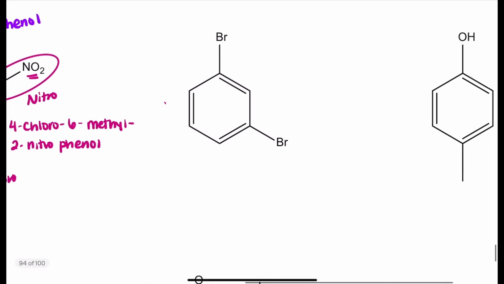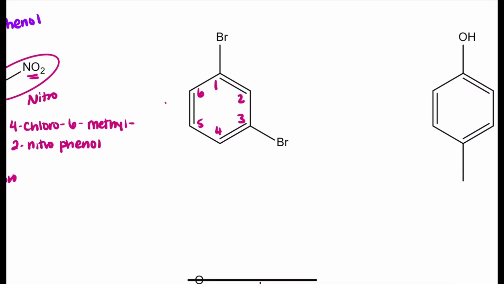Okay, I've got this compound here. I can see I've got 2 bromines attached to a benzene ring. They are in the 1,3 position. Again, I'm going to number them to minimize the numbers on the bromines. So I don't want a number going this direction because it would not minimize those numbers.